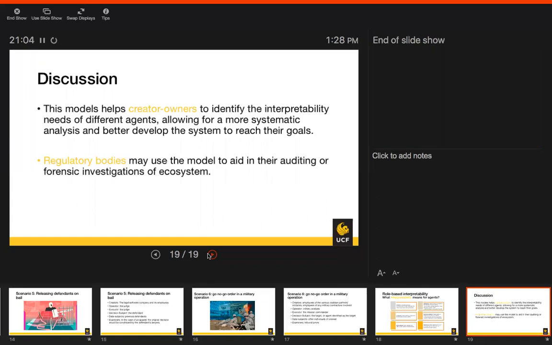In addition, based on these rules, regulatory bodies may use the model to aid in their auditing or forensic investigations of ecosystems. It helps them better evaluate whether the ecosystem is ethical, legal, or regulatory compliant.